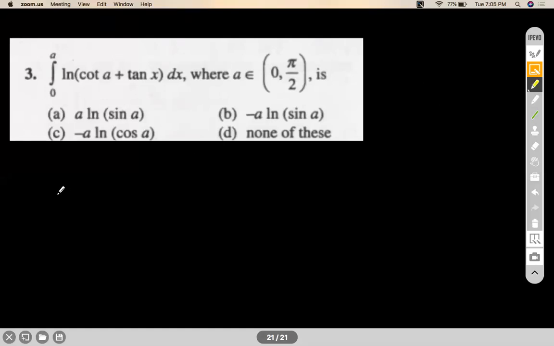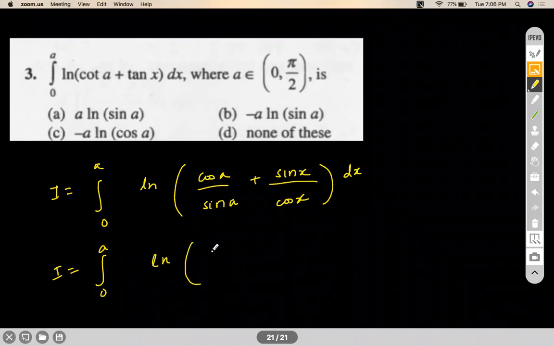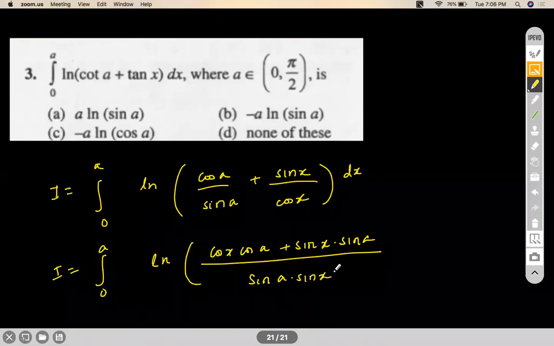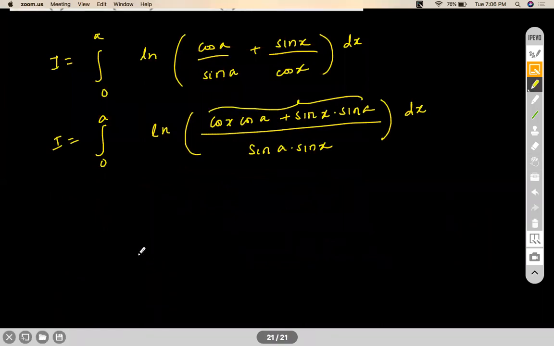See, first of all, this is integral 0 to a ln cot a, you can write it as cos a by sin a. Okay. If you simplify this, you'll see cos x cos a. Now the numerator part here is basically cos of a minus x.